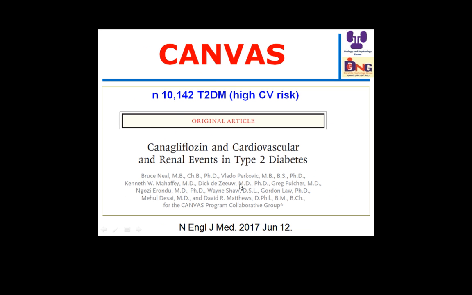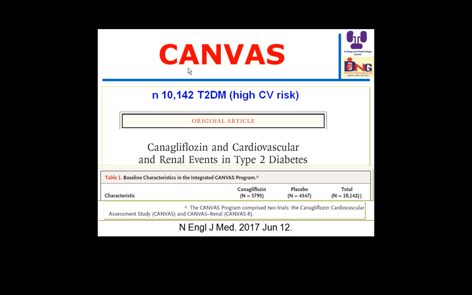Another, bigger study is canagliflozin and cardiovascular and renal events in type 2 diabetes. This is the CANVAS program, a total of 667 centers in 30 countries.